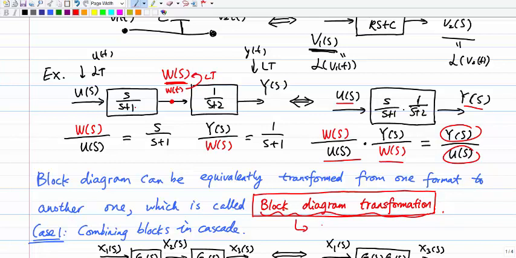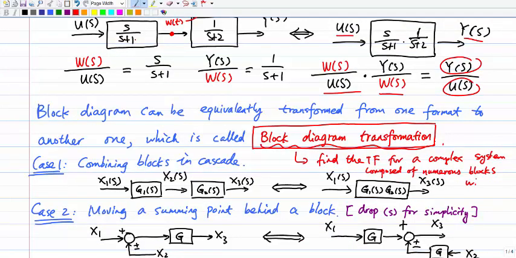The reason we do this is to find the transfer function for a complex system composed of numerous blocks with complex relationships. When we have very complex relationships and numerous blocks, how do we simplify and find the transfer function? That's the main goal, and that's why we introduce the block diagram.